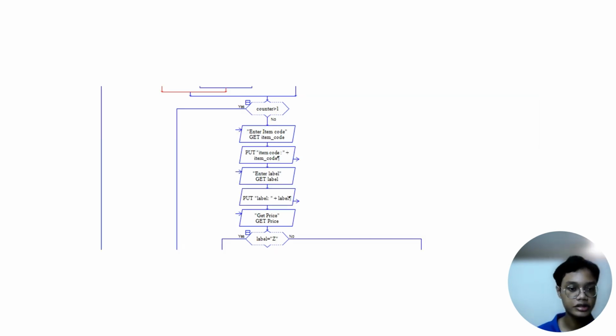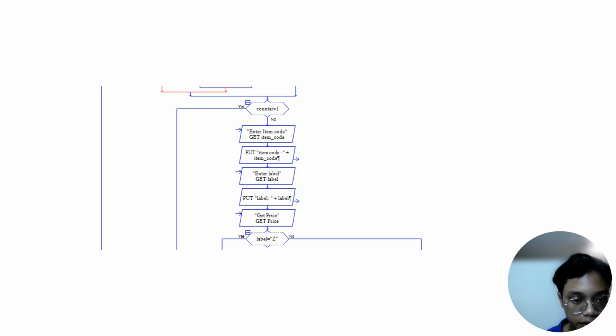Once in the calculation, you will be given a condition. If the counter is greater than 1, you will immediately go to yes and go to n. However, if it's equal or lesser than 1, you will immediately go into the calculation. Since the counter is equal to 1, it will go into the calculation.